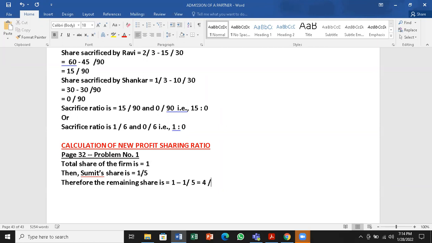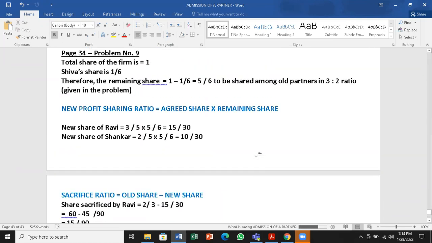That is equal to 4/5. Anybody have a doubt? Ask me. Very, very important.